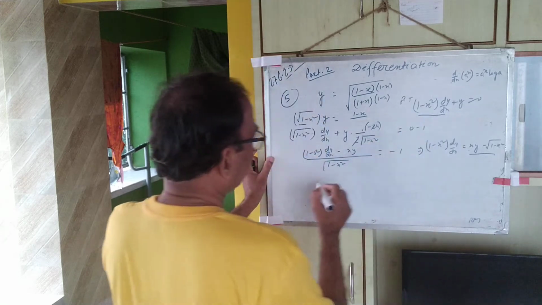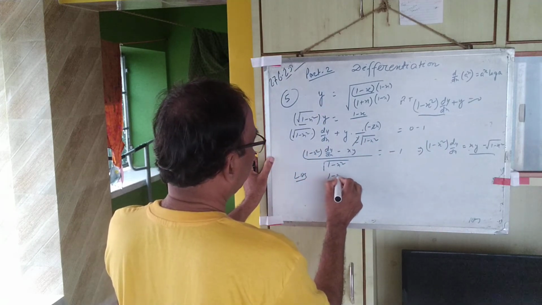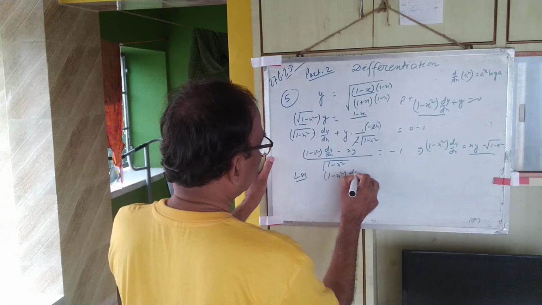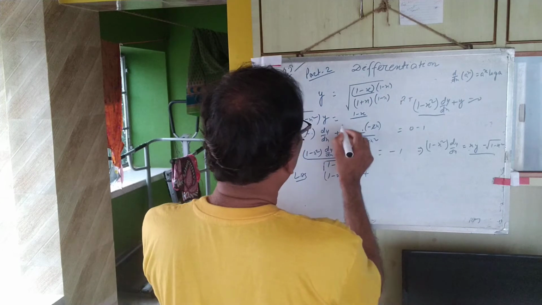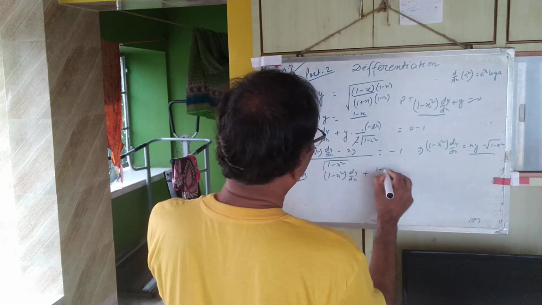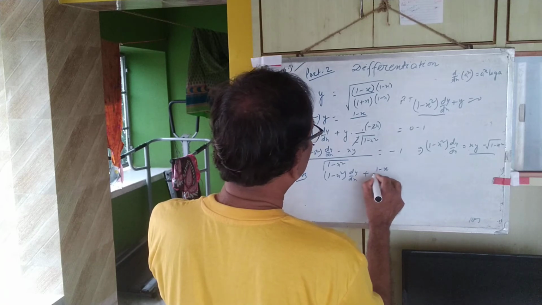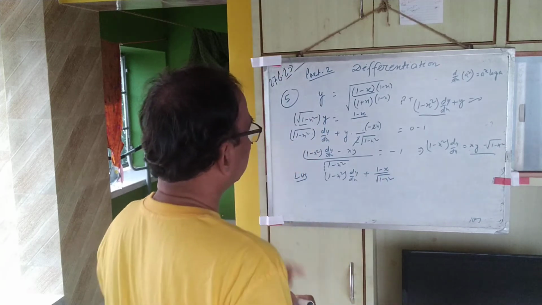Now putting in the LHS, (1 minus x square) dy by dx, the value of y is this. Y is (1 minus x) by root over of (1 minus x square).